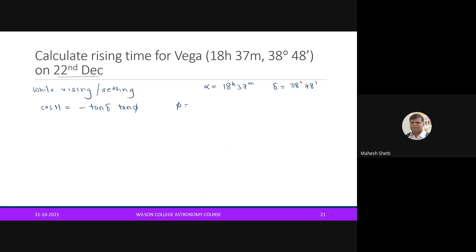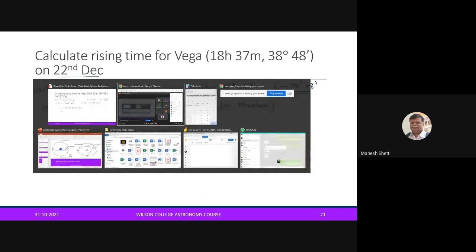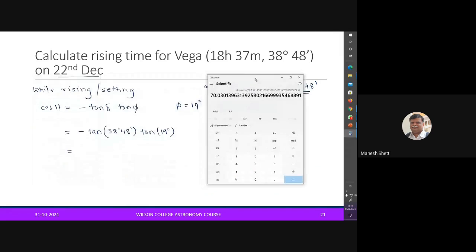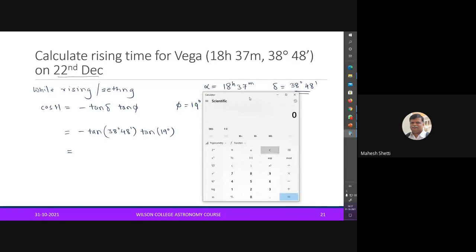Phi is 19 degree for Mumbai. Delta is already given to you. So cos h, while rising or setting for Vega, is minus tan of 38 degree 48 minutes into tan of 19 degrees. Let us do this calculation and understand where all these numbers lead.